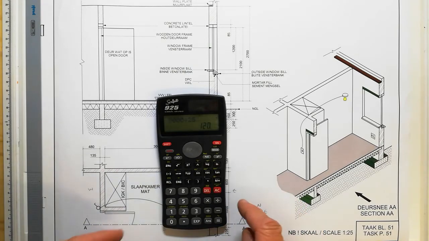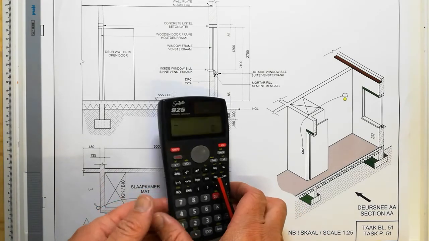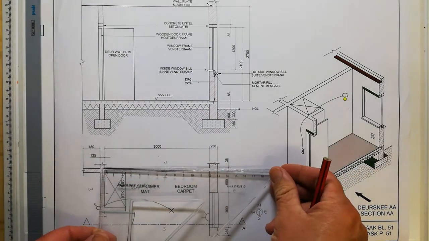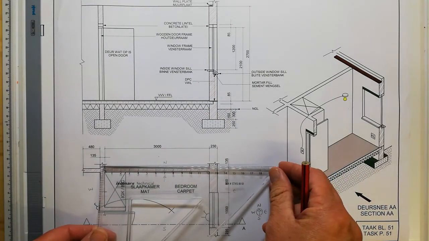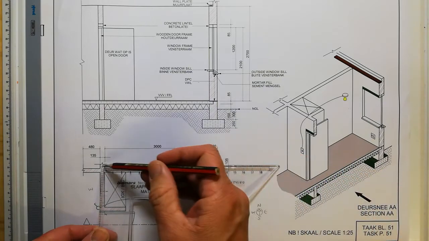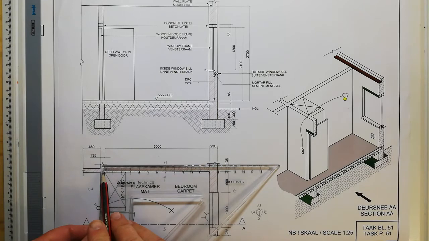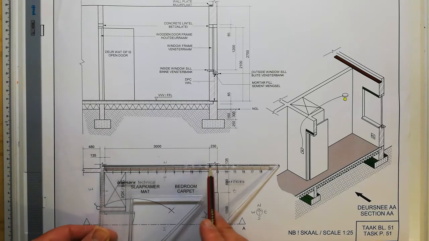Now that 120 is of course 120 millimeters. So if I go to my ruler and if I go and measure it, this should measure exactly 120 millimeters, which you guys can see it actually is. So from there, from my 0 marker up to there, must be 120 millimeters.